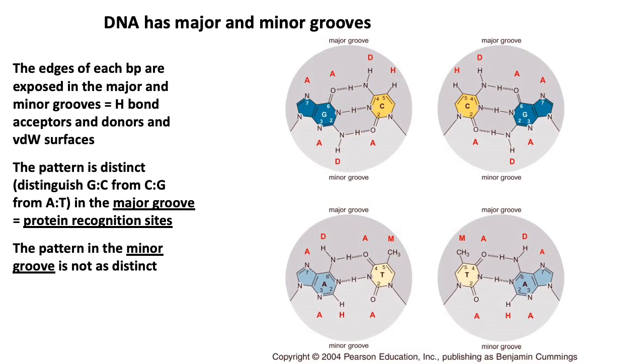So in these cases, A stands for acceptor and D stands for donor, and that's for hydrogen bonds, so where there's electrons versus where there's hydrogens. And the M stands for methyl group, which does not participate in the hydrogen bonds. Now, if you have a protein that has spots for hydrogen bonds in those same shapes, it'll fit.